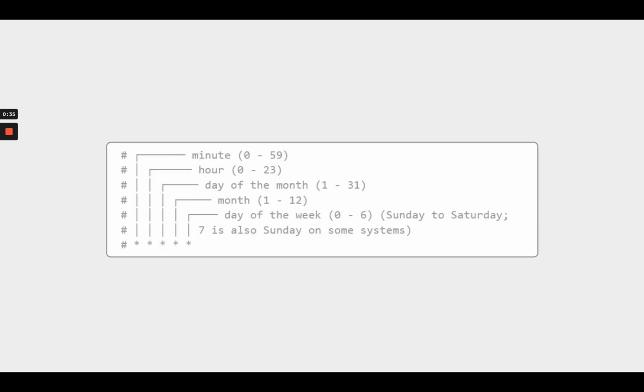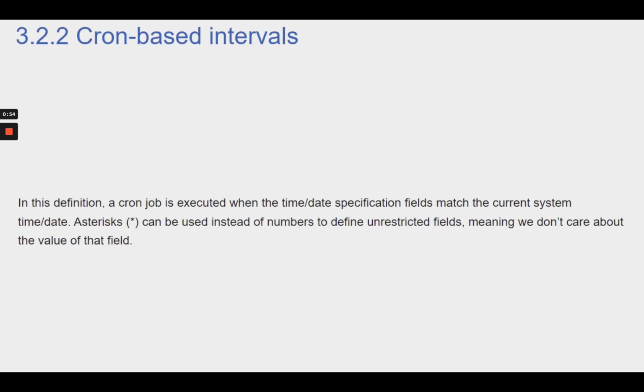To support more complicated scheduling intervals, Airflow allows us to define scheduling intervals using the same syntax as used by cron, a time-based job scheduler used by Unix-like computer operating systems, such as Mac OS and Linux. This syntax consists of 5 components and is defined as follows.